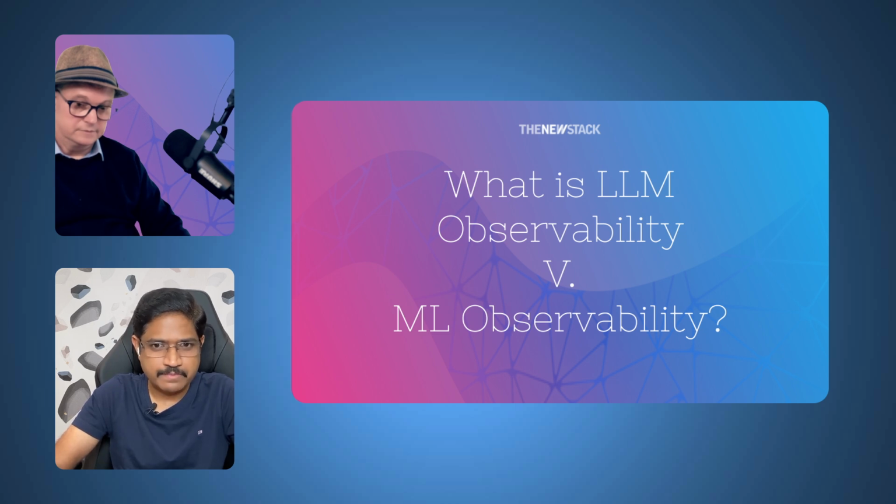It could be uptime, it could be accuracy, it could be any of the defined metrics. Now, in traditional ML models, the goal is prediction, predictive analytics. And what can go wrong with that and what needs to be measured there is basically the drift between the actual ground truth and the data that is being sent.